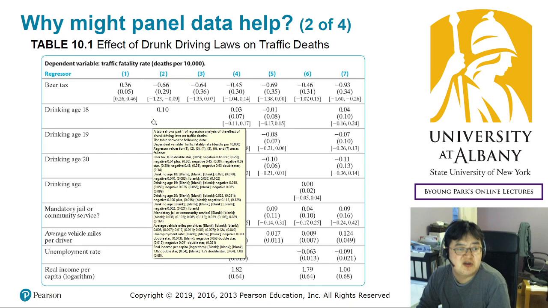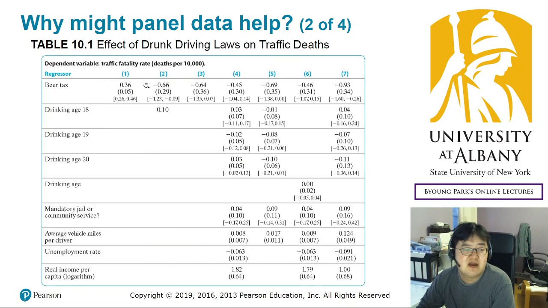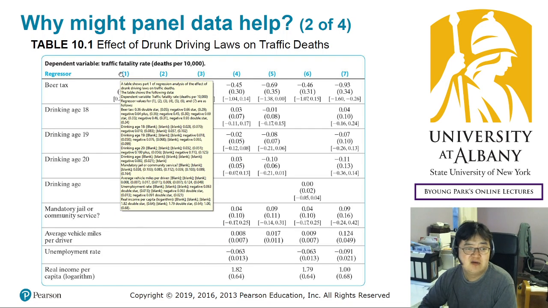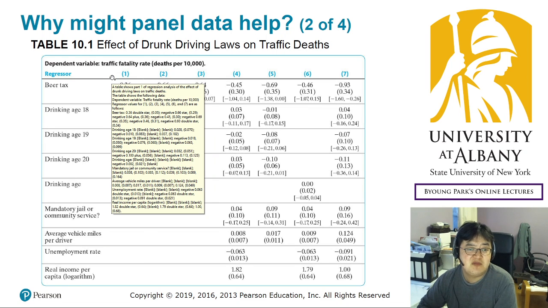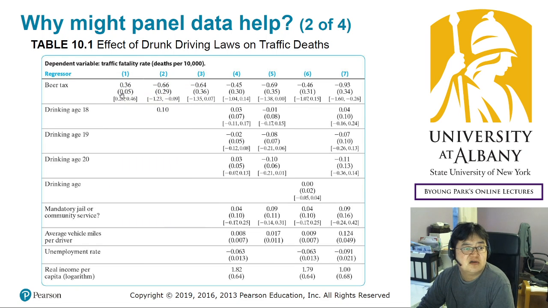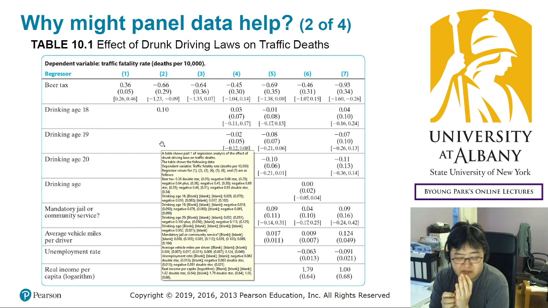And what is interesting here is the change of the sign, and I explained why. We already learned the same thing. There is a huge change from here to here. So including state-specific effects is very important. There are many unobserved characteristics that are specific to the state but constant over time.